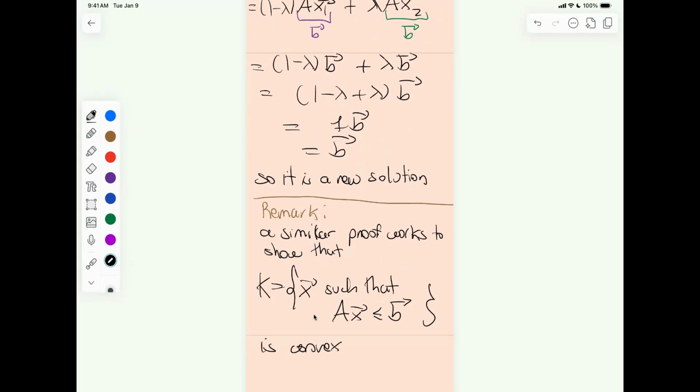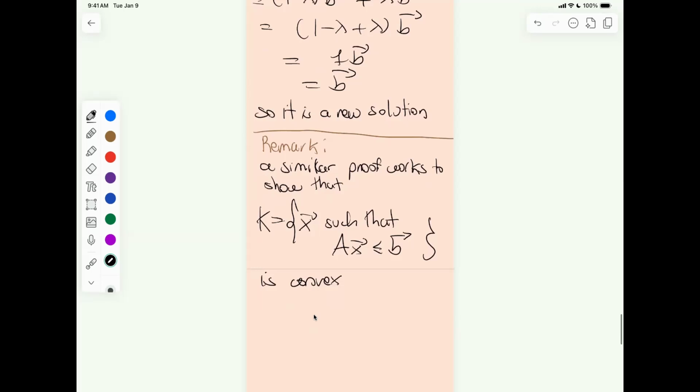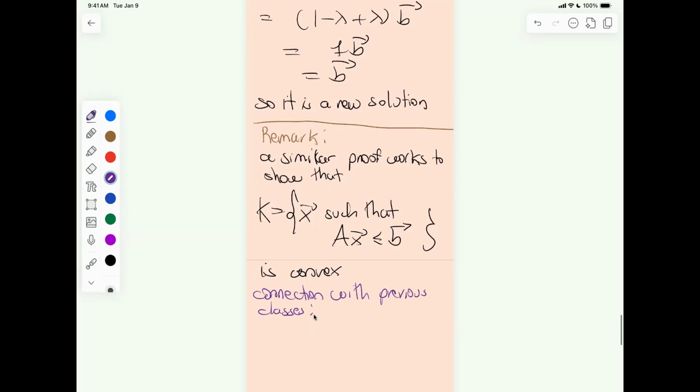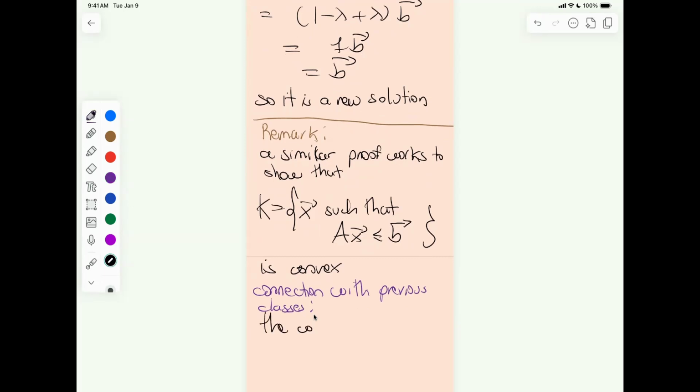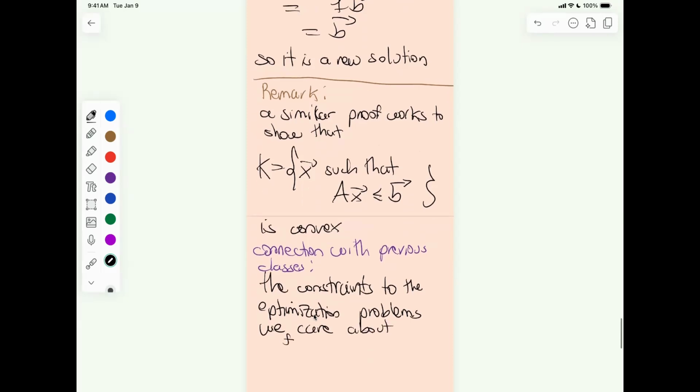What I'm trying to say, to connect it with what I was saying in the previous two classes, is that the constraints to the optimization problems that we care about always form a convex region.